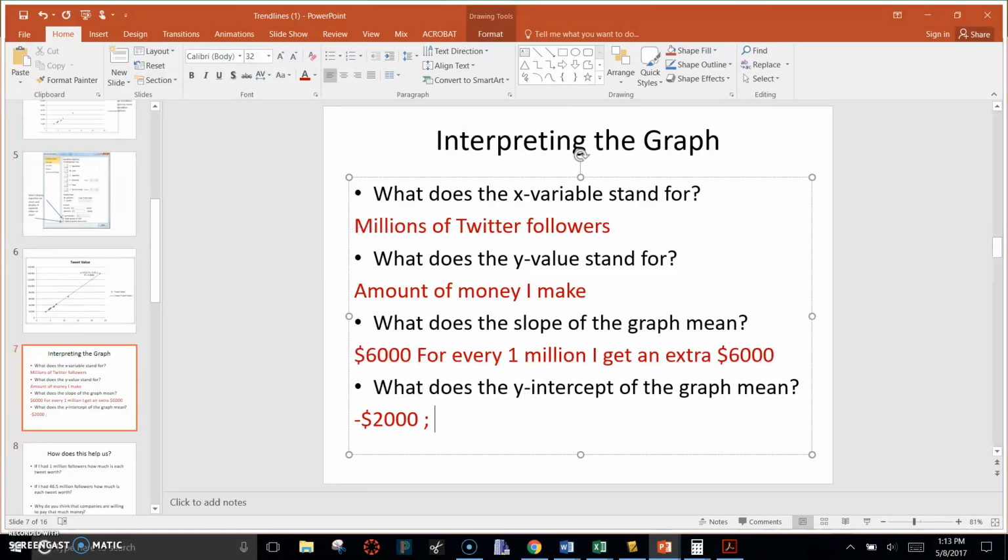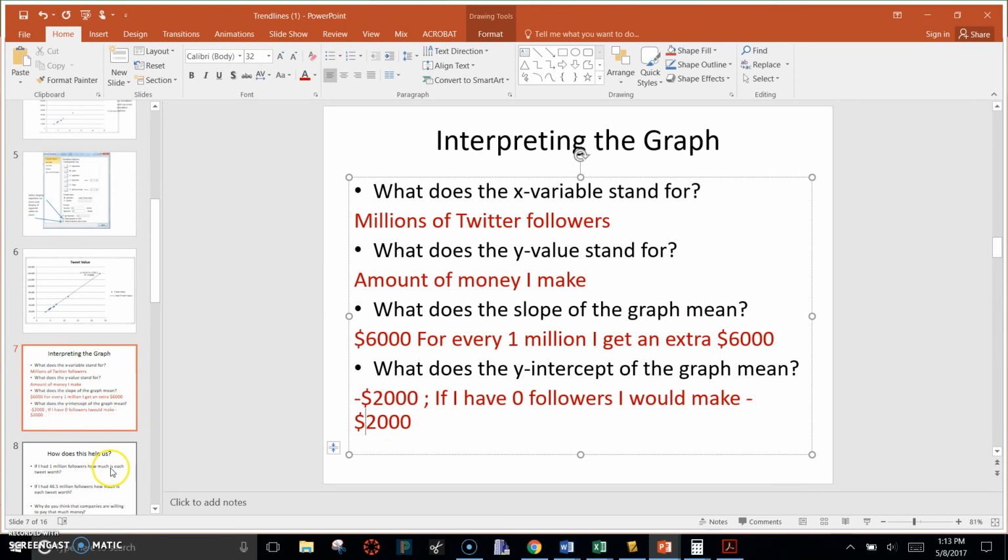And what that meant was if I have 0 followers, I would make negative $2,000, or it would cost the company $2,000. So that's the idea behind that.